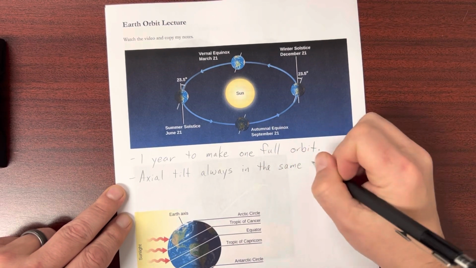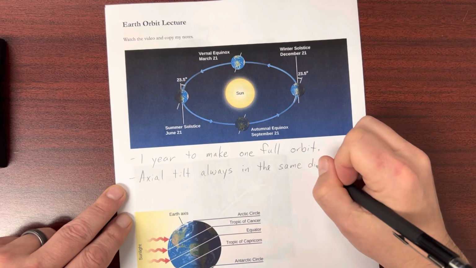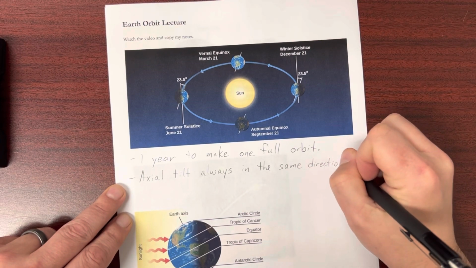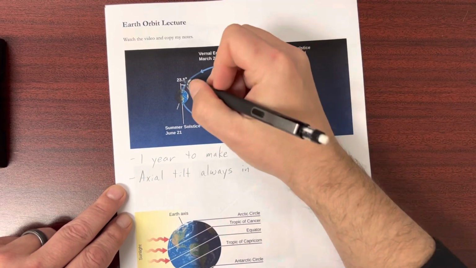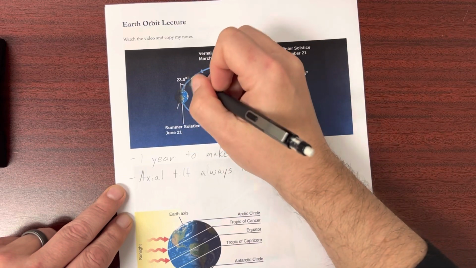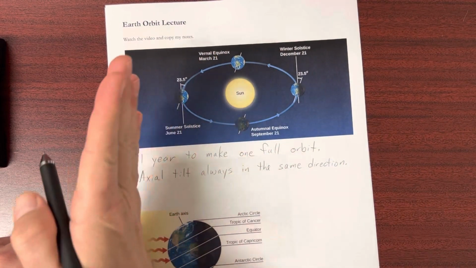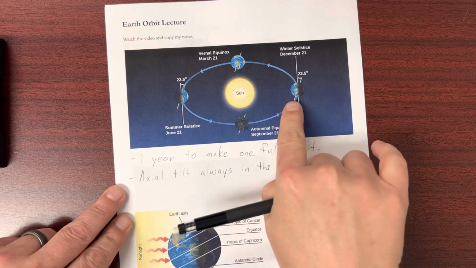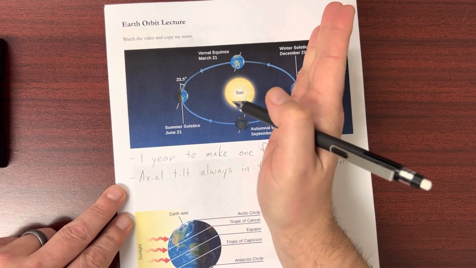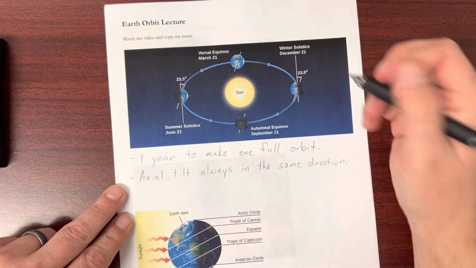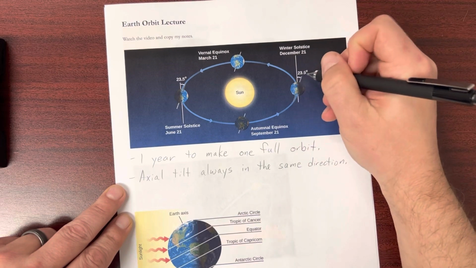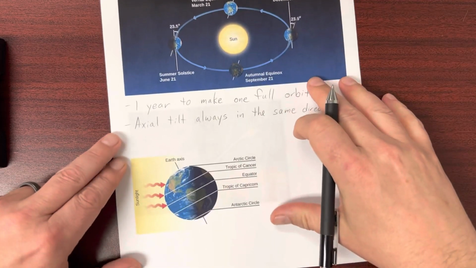All right? What that means is that it is pointing in this direction during summer, and it's still pointing in that same direction on the opposite side of its orbit during winter. That's going to be important.